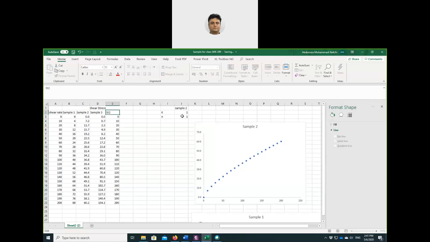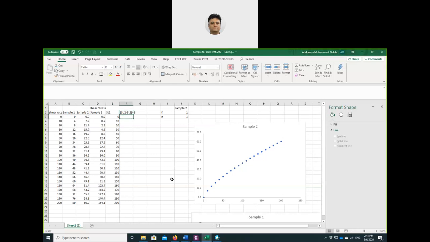Now I want to calculate the differences between SP2 minus ST2 and power 2.